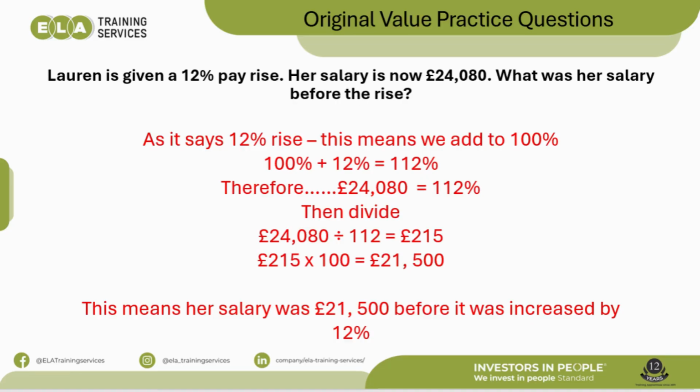Therefore £24,080 equals 112%. Now we divide. £24,080 divided by 112 equals £215. £215 multiplied by 100 equals £21,500. This means her salary was £21,500 before it was increased by 12%.